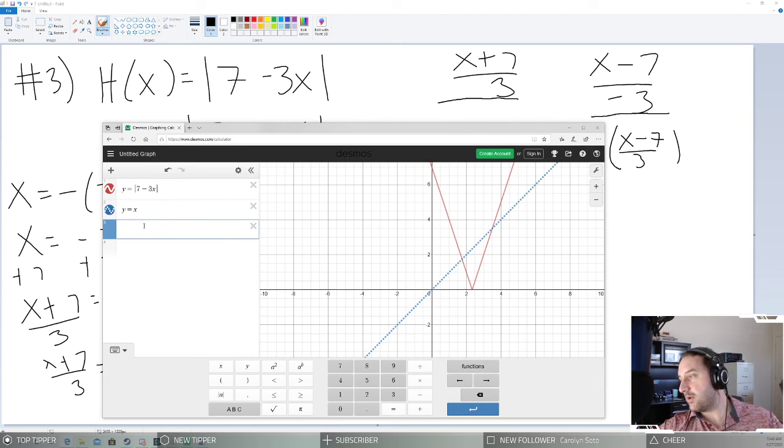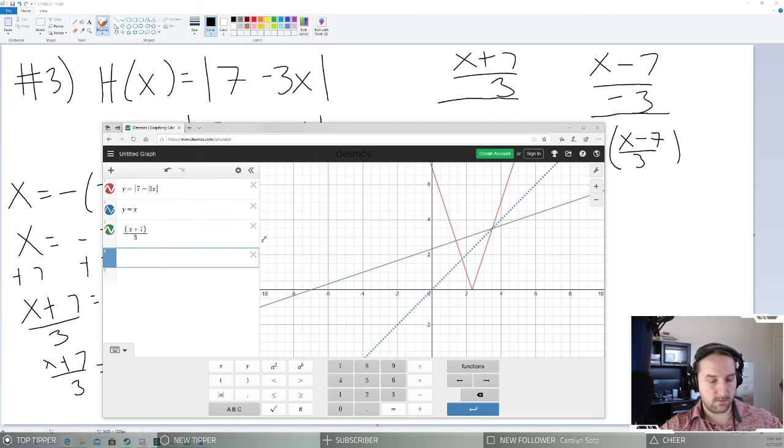So let me put in the first one. X plus 7 over 3. And then let me put in the bottom one. X minus 7 over negative 3.